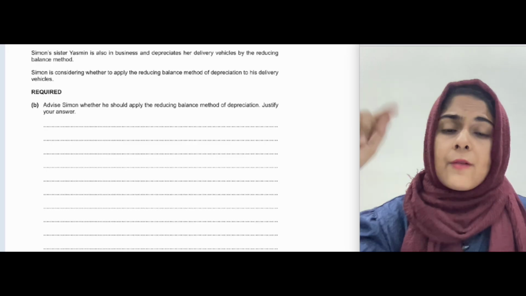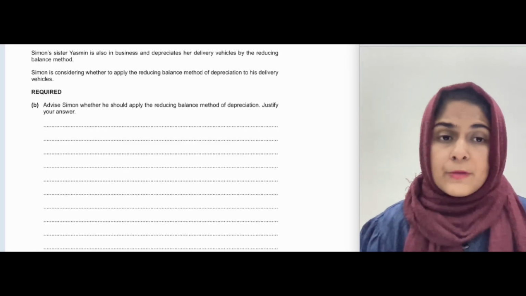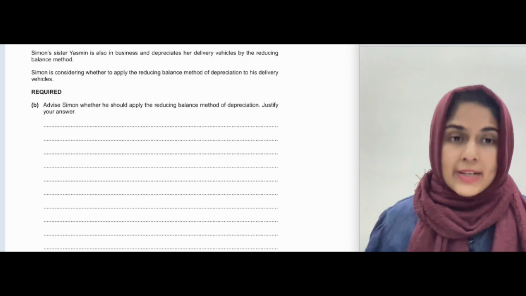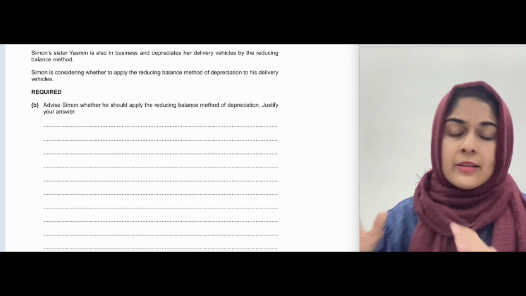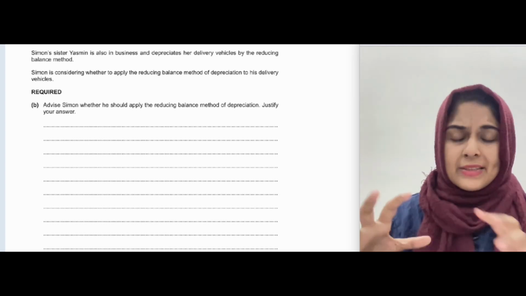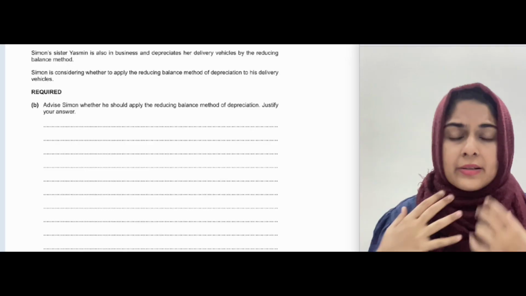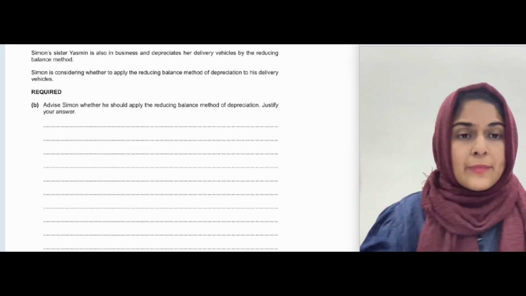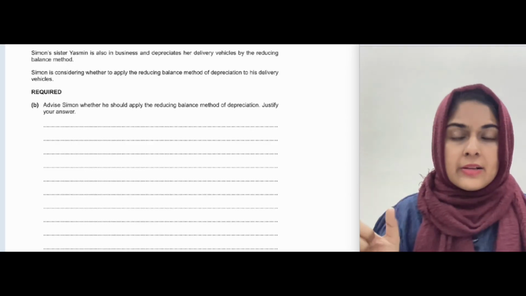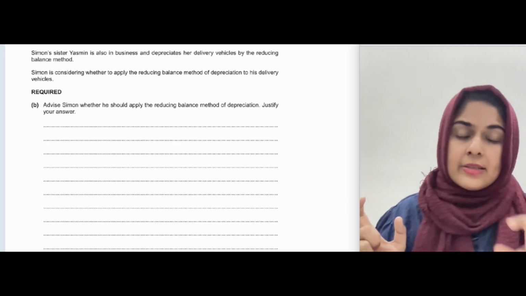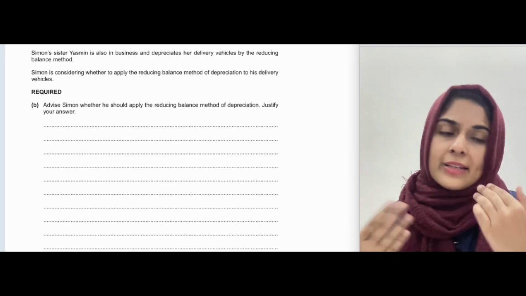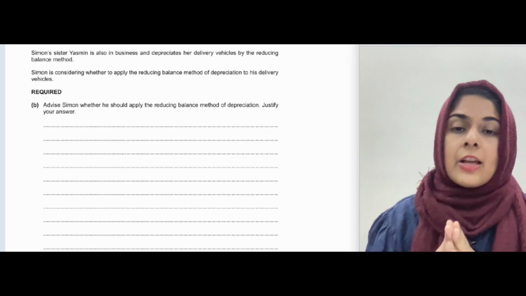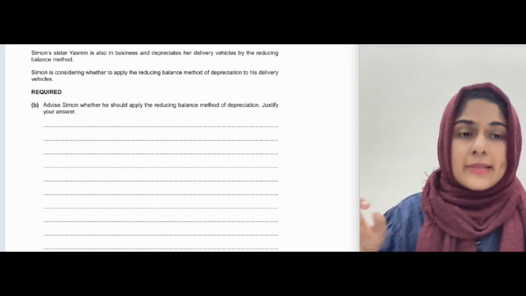ठीक है, for the reducing balance method, it is suitable for those assets which lose greater value in the earlier years and less value in the later years, क्योंकि a greater depreciation is being provided in the earlier years, and in the later years depreciation कम हो जाती है but another expense is added, that is repairs. ठीक है, तो ऐसे वाले assets के ऊपर यूज़ होती है.